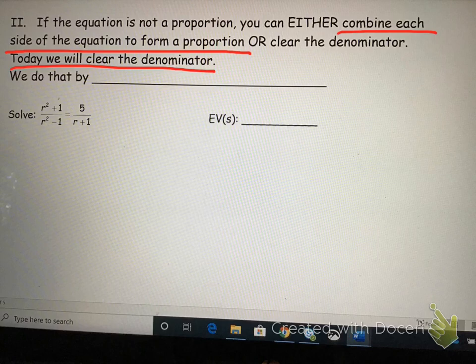Okay? And we're going to do that by distributing the LCD for the fractions in the equation.